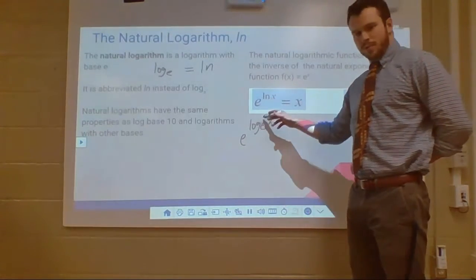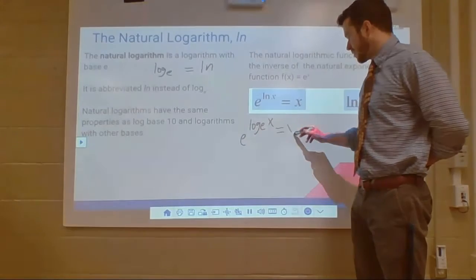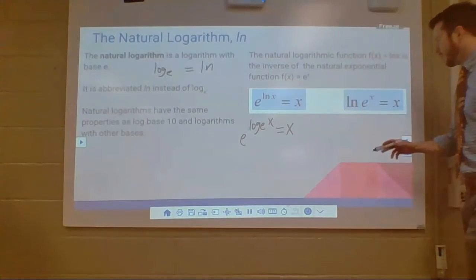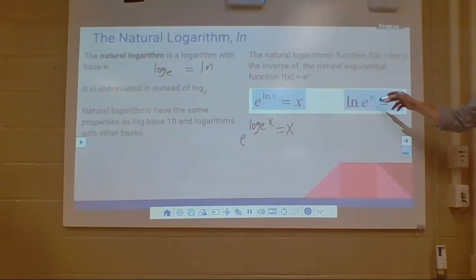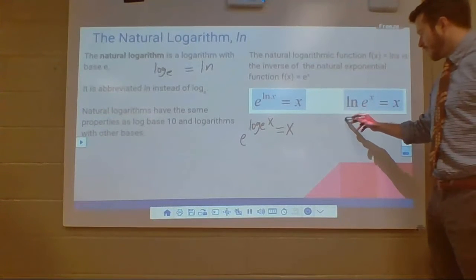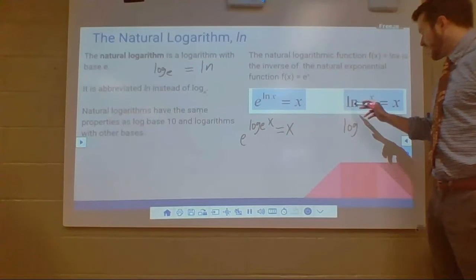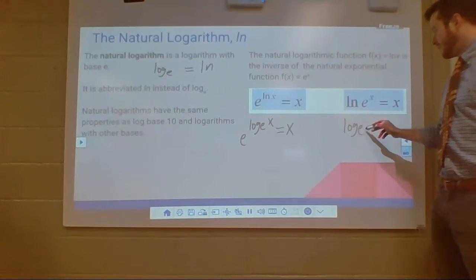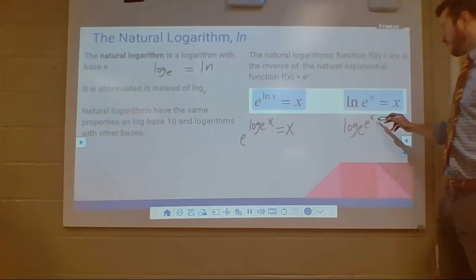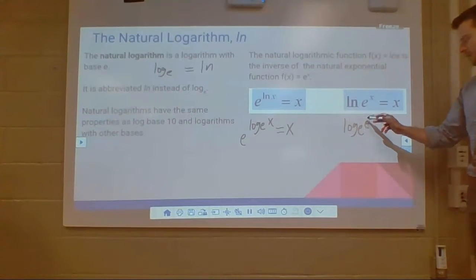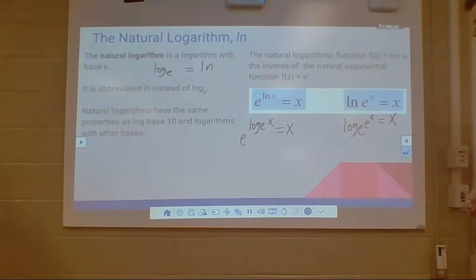And so inverse property here, that's just going to give us x. Or ln of e to the x power equals x. So think about it like this. This is an inverse property that we've talked about before. Instead of ln, we can say log base e of e to the x power. Well, you know, inverse property, those are going to cancel out, and you'll just be left with x. Okay?